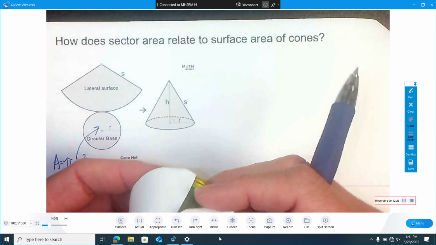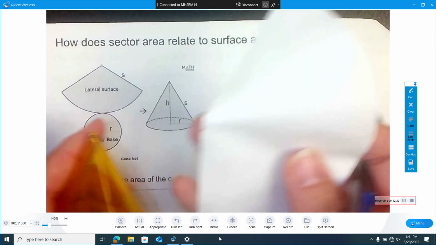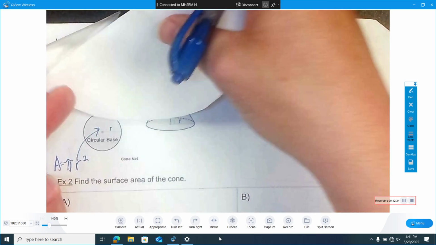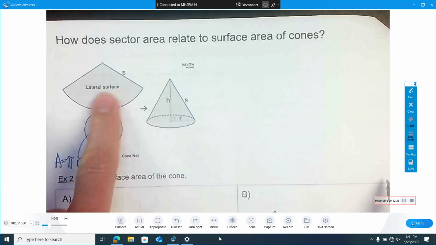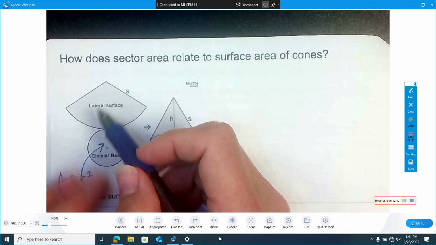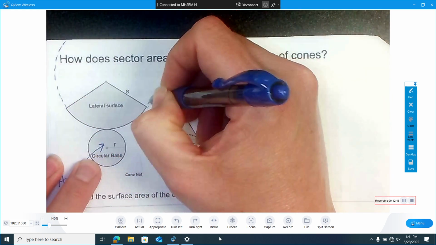But if I unwrap this, you can see that our surface area turns out to be this sort of pie-shaped sector, and it turns out that this is essentially a sector of a much larger circle.